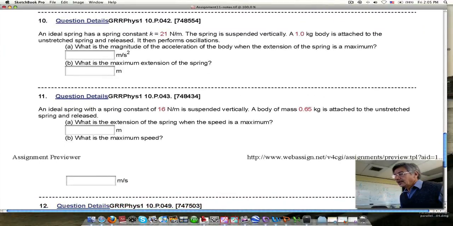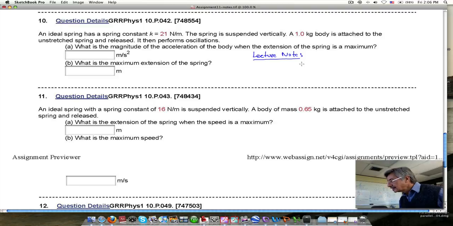Now, again on a spring. Now we go to vertical spring. For the vertical spring, you go to the lecture notes, because I explained this briefly in the last lecture, and it's a little bit tricky.